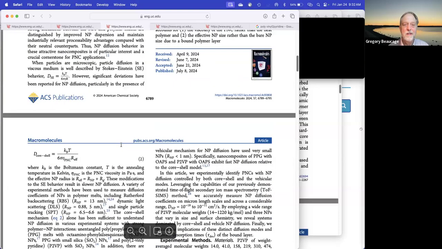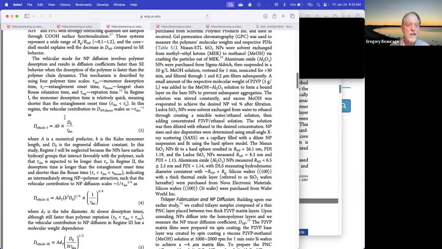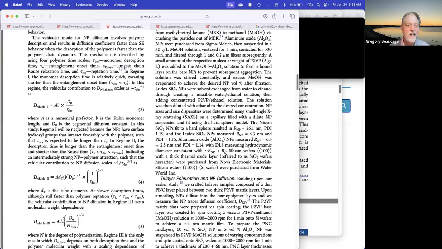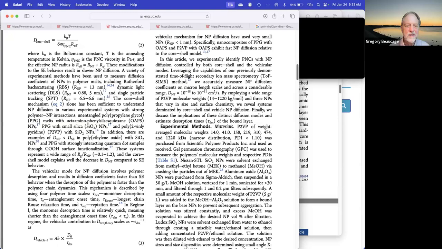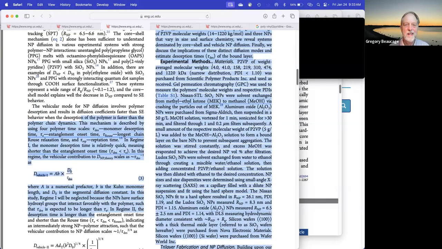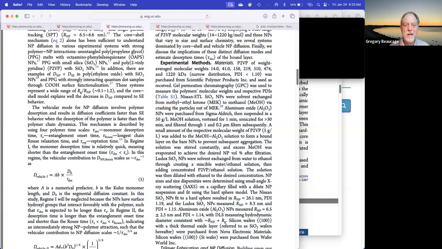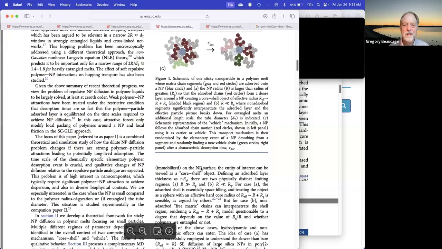I think there are 3 or 4 different modes of transport. Winey gives a nice little half a paragraph for each of them, and then Schweitzer in this paper gives about a page each with a lot of math.